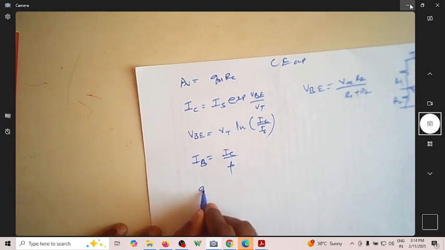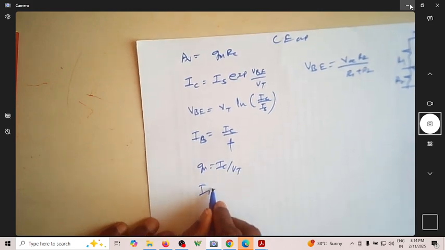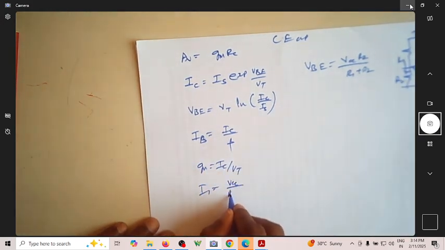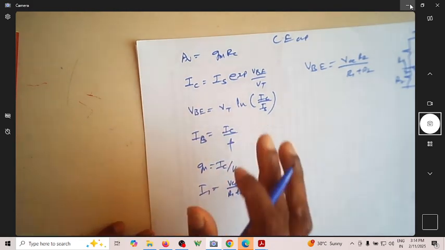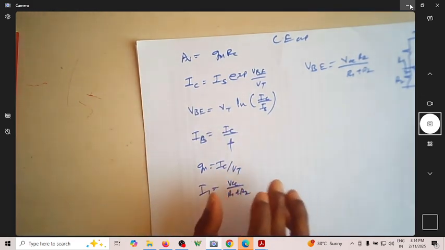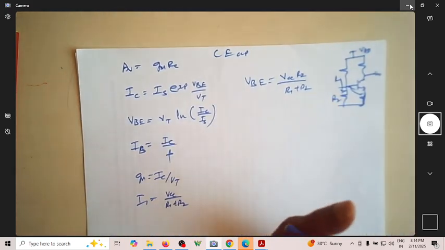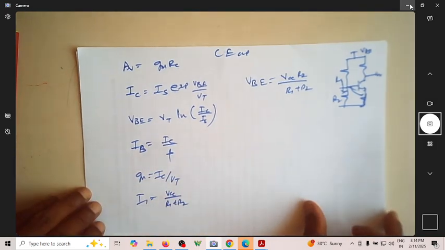You have the expression for GM as IC by VT. You have the expression for I1, the current flowing through the biasing resistor, as VCC by R1 plus R2. So all these equations you try to realize and then use them in your design comfortably so that you can get the values of the different biasing resistors.